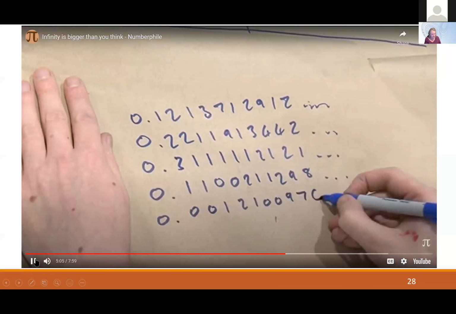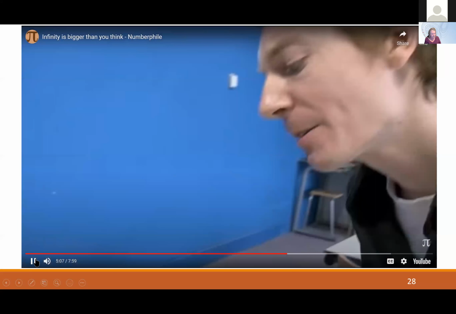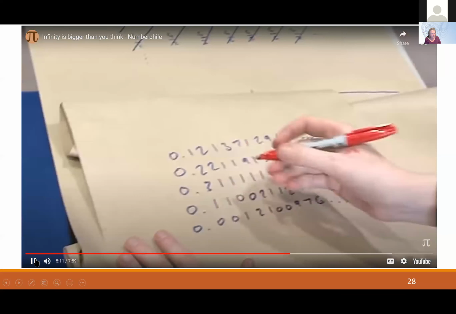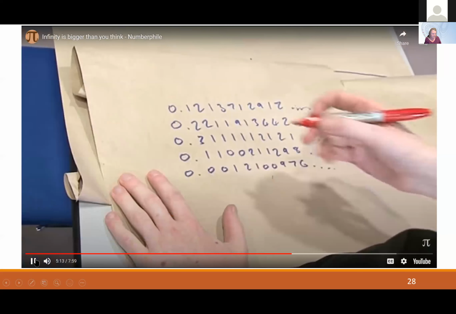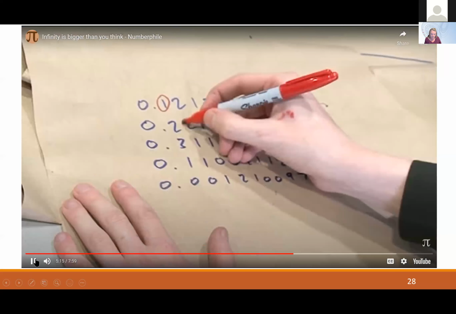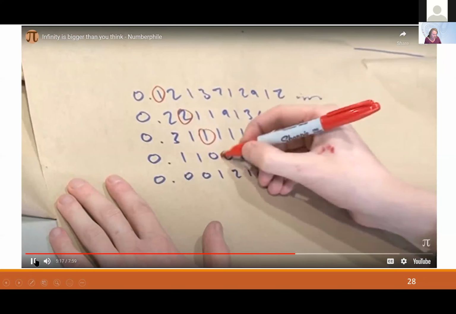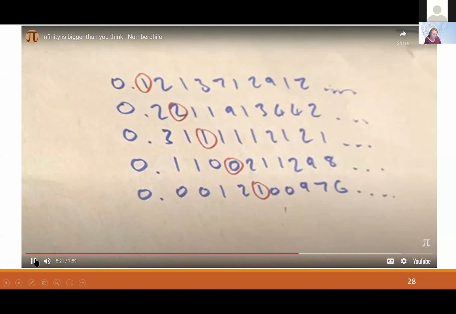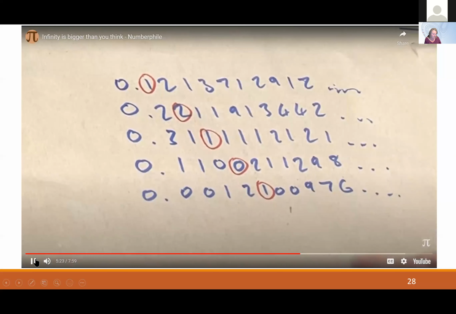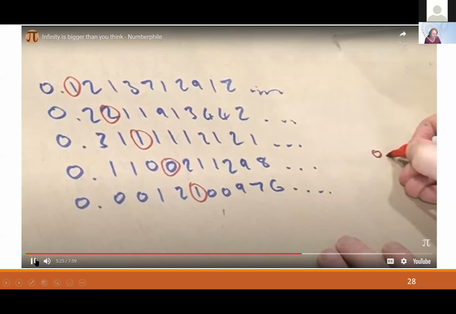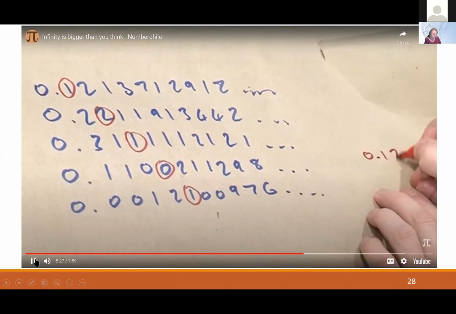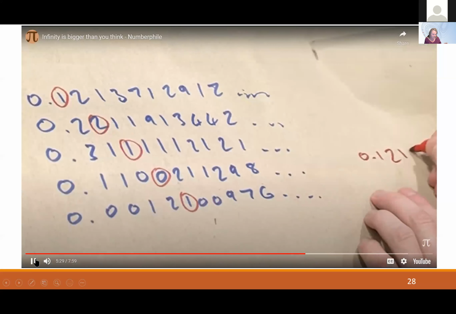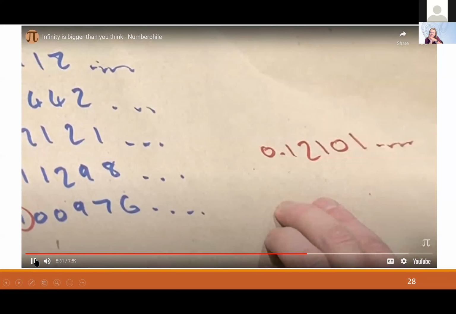Now I'm going to make a number. This is the number I'm going to make. I'm going to take the diagonals here: this number and this number and this number and this number and this number. Okay, and I am going to write that down. So what's that number I've made? It's 0.12101, something, something, something.